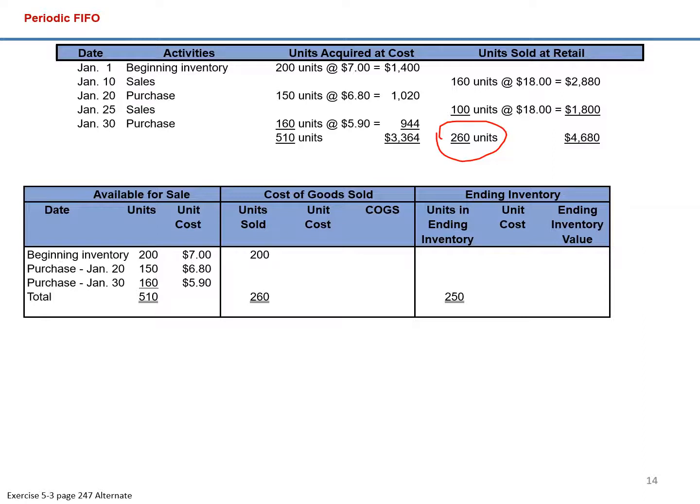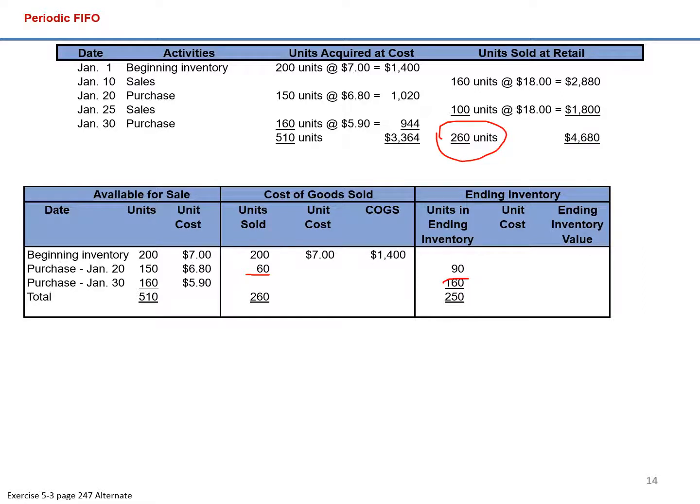So that's 200. You need another 60 units to get to 260. So we're going to sell 60 of our 150 units that we purchased on January 20th. Which means we have 0 left in our beginning inventory and we have 90 left in our ending inventory. 150 less 60 is 90, right? And then we have 160 left from our purchase on January 30th.